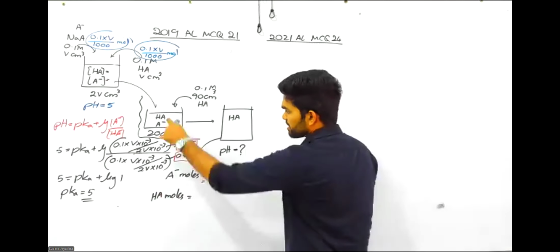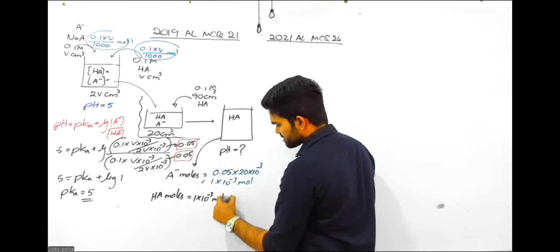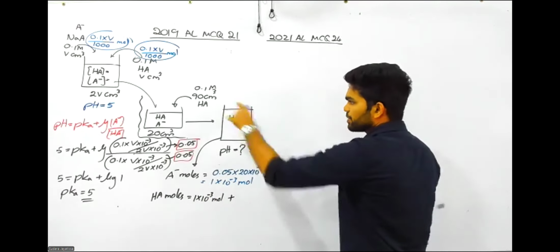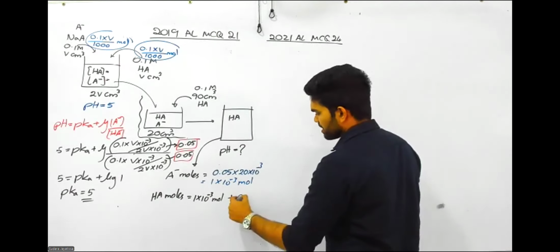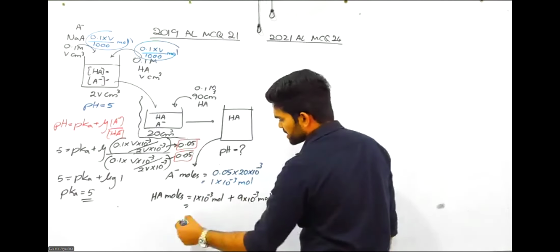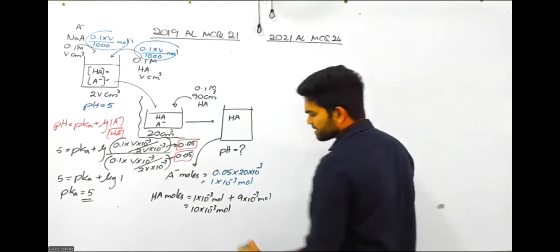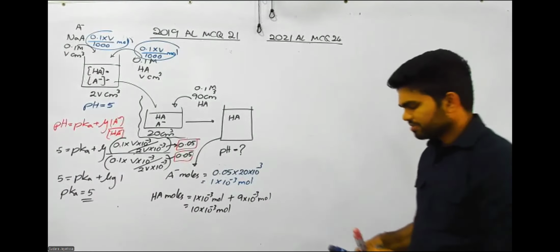This value again comes 1 into 10 to the power minus 3 moles plus the value coming from there, 9 into 10 to the power minus 3. So what's the total moles of HA? 10 into 10 to the power minus 3 moles. Is that clear?